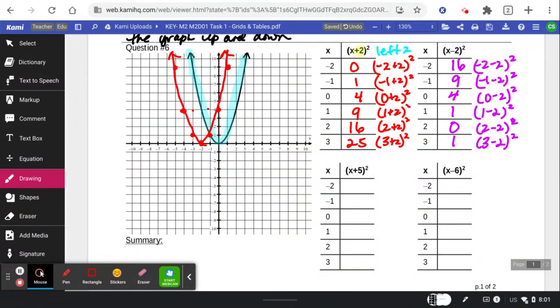Let's go graph the purple graph. Back 2, up 16. Oh, it doesn't even fit on my graph. Back 1, up 9, up 0, 4, 1, 1, 2, 0, and 3, 1. And let's go put some symmetrical dots. We're going to 4.